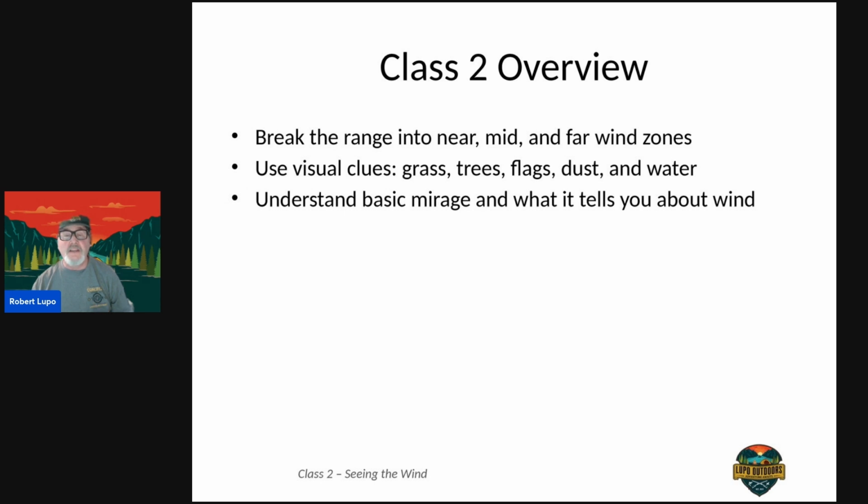Second, we'll look at the easy value clues: grass, bushes, trees, flags, dust, and water that show you what the wind is doing in each zone. Third, we'll cover the basics of Mirage: what it is, how to focus on it, and how it can help you call the wind. By the end of this class, you'll be able to look downrange and pick out the most important parts of the wind instead of just guessing.